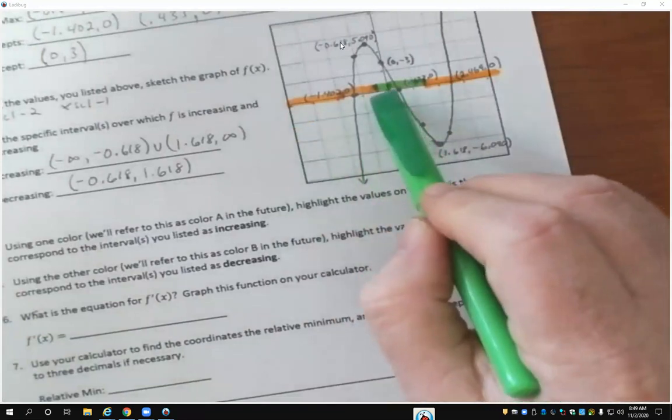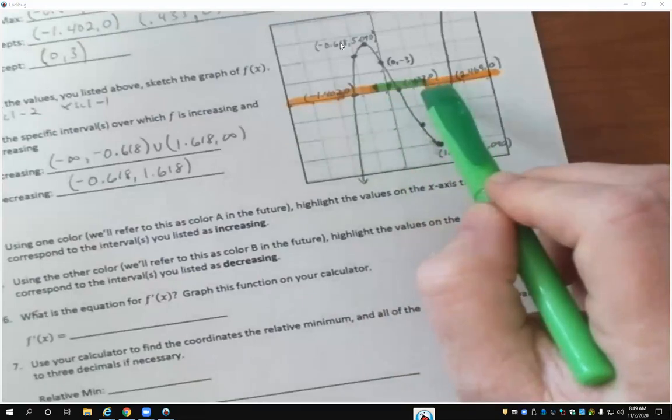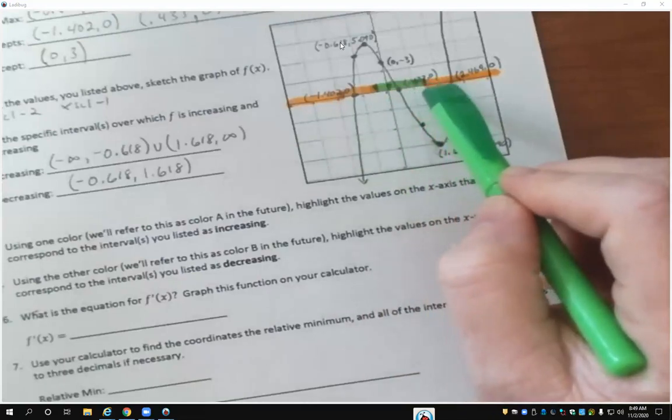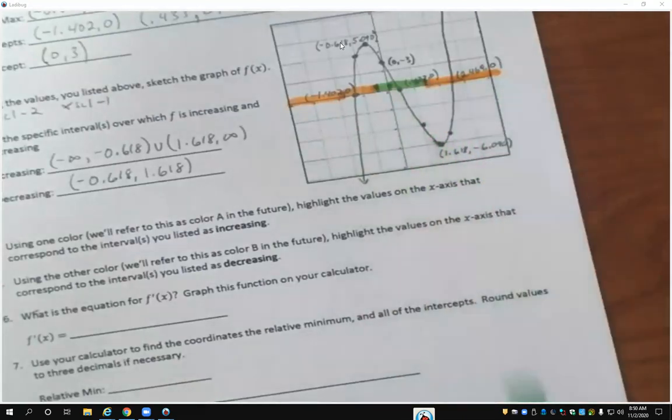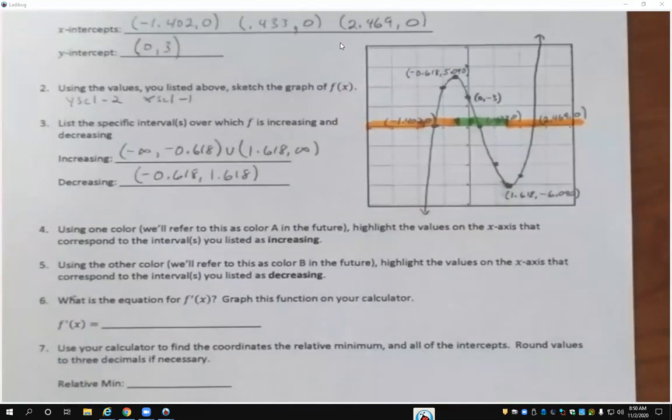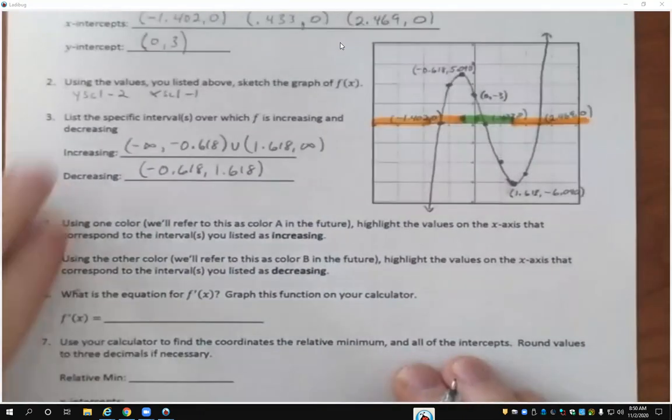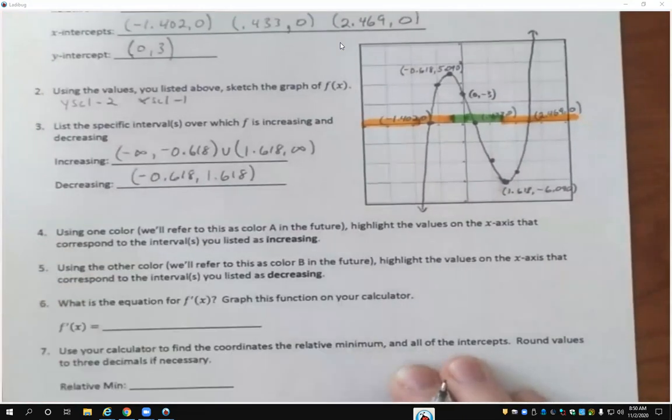We're decreasing from negative 0.618 to 1.618. And then we are increasing again from 1.618 to infinity. All right, are there any questions so far? I'm going to tie this all in here in a second.